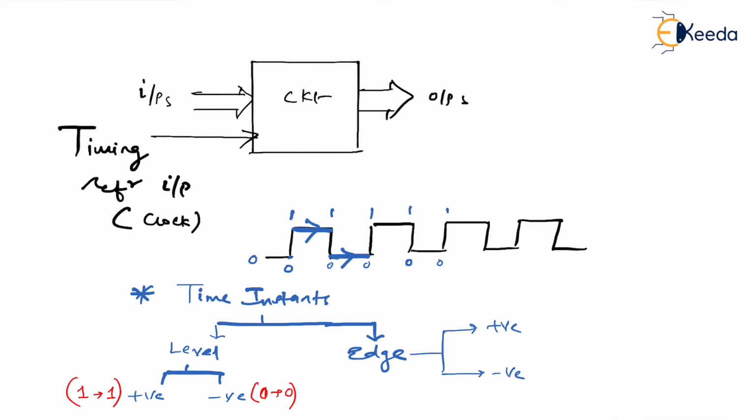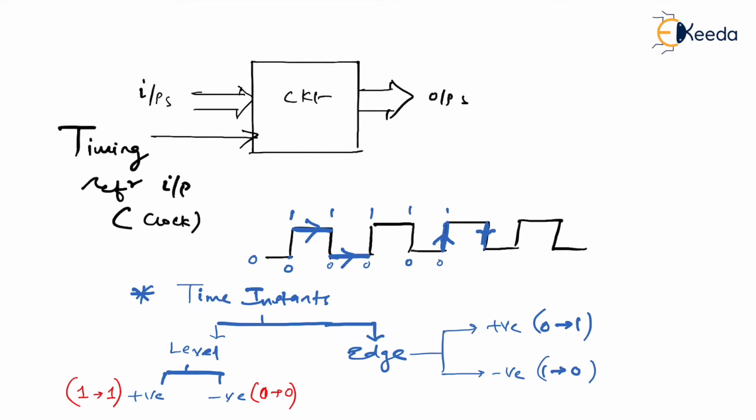In positive edge we are transiting from 0 to 1, as you can see here. In this case we are transiting from 0 to 1, this is called a positive edge. So when we are going from 0 to 1, it is called a positive edge, and of course when it is a 1 to 0 transition, it is called a negative edge.